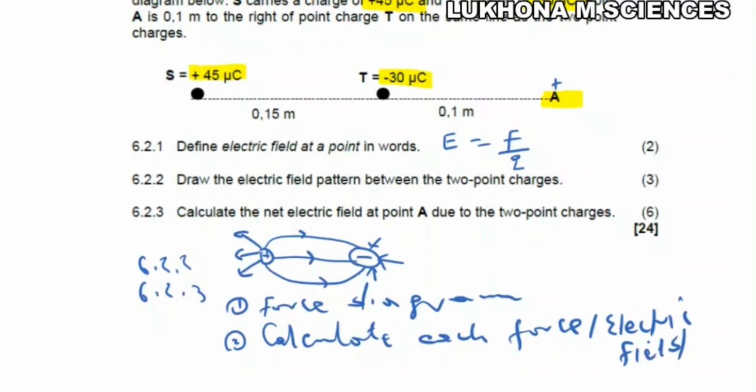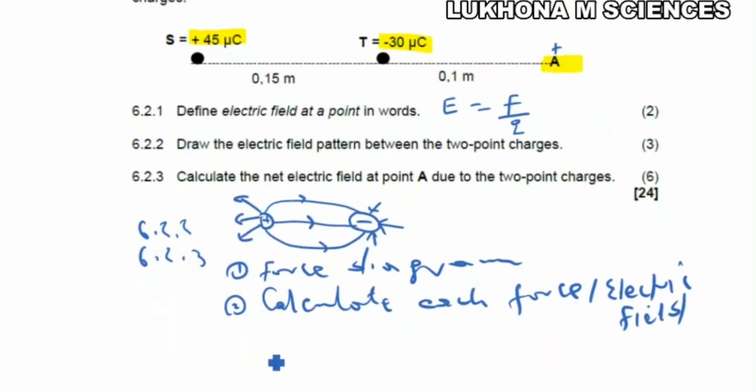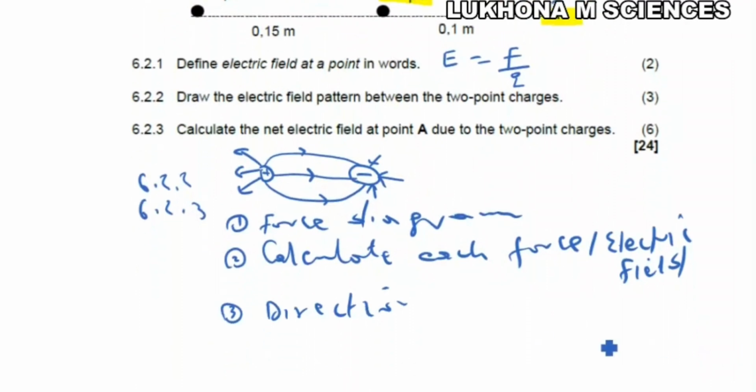Step number 3, choose the direction. Then step number 4, calculate F net or E net. So we are going to follow the steps to answer this question.